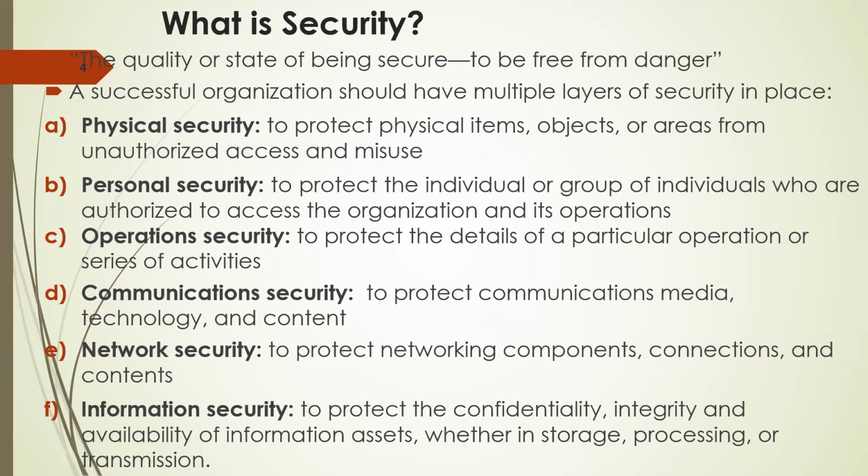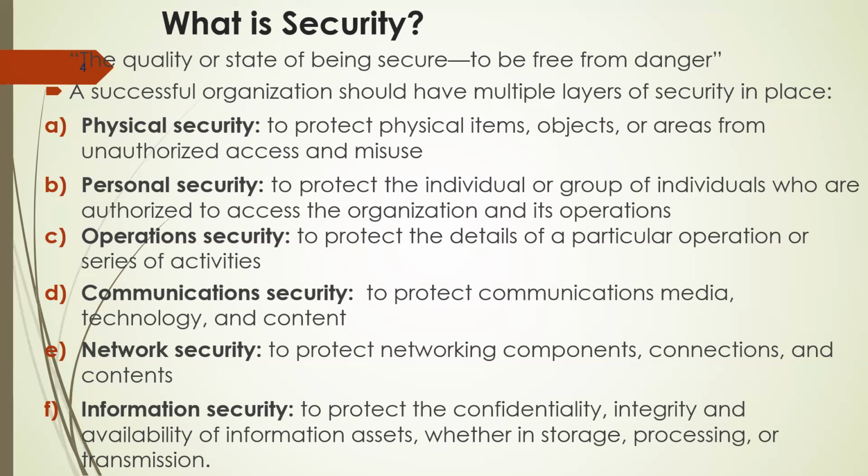We want to make sure that we protect the confidentiality, integrity, and availability of any information asset, whether it is data or information that you have, whether it is stored, in process, or in transmission. You'd want to make sure that you're having data being transferred from one person to another in a secure environment.